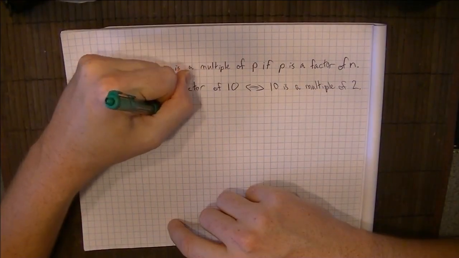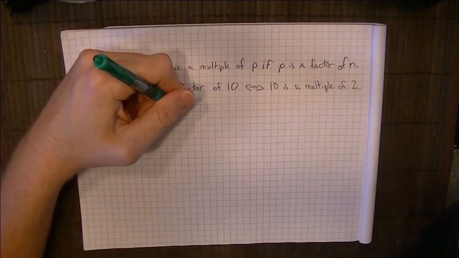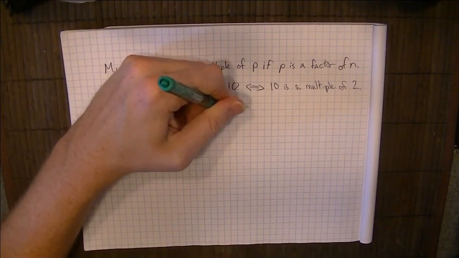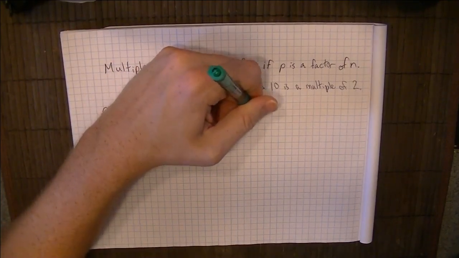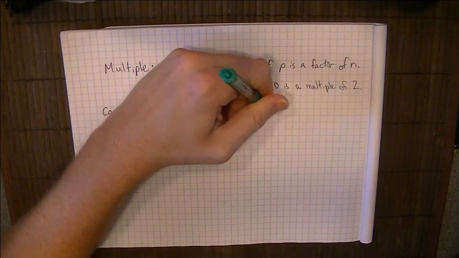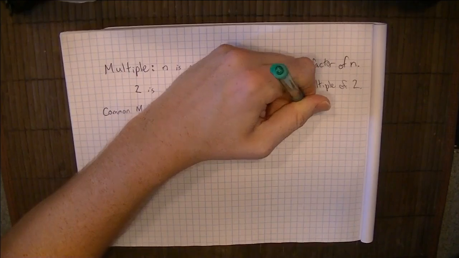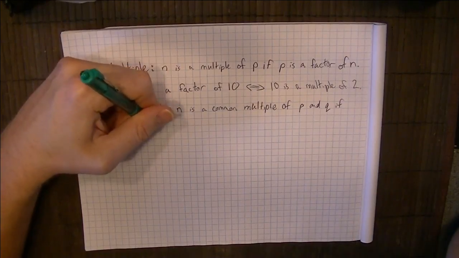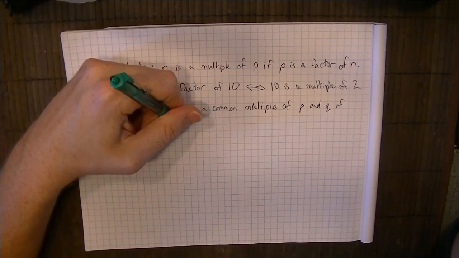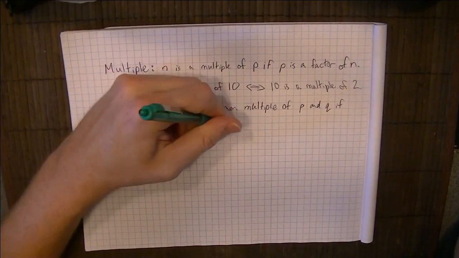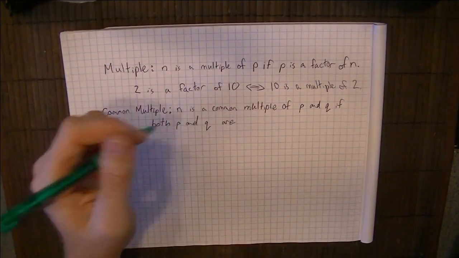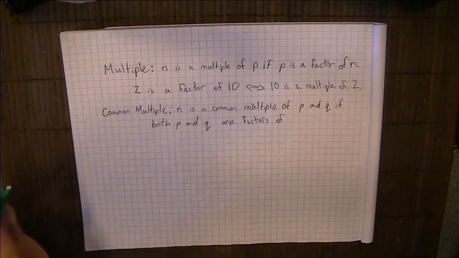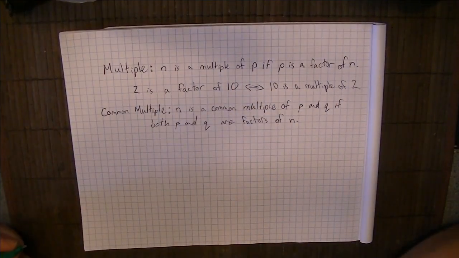So a common multiple: n is a common multiple of, let's say, P and Q, if both P and Q are factors of n.